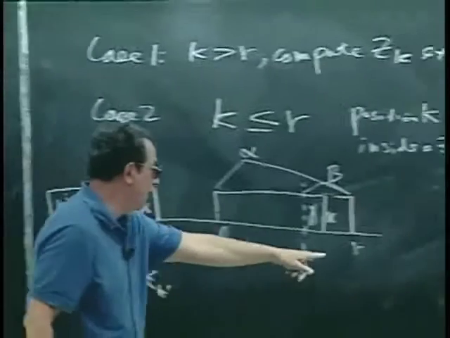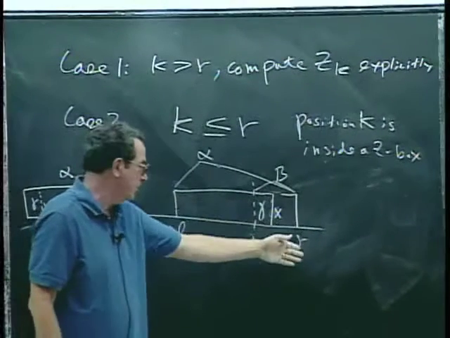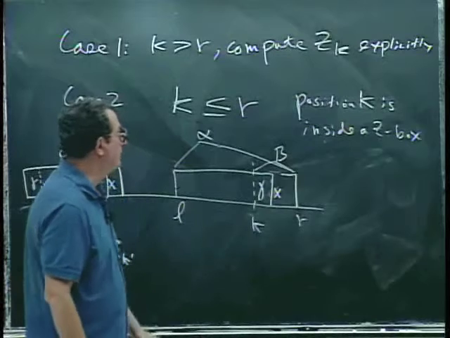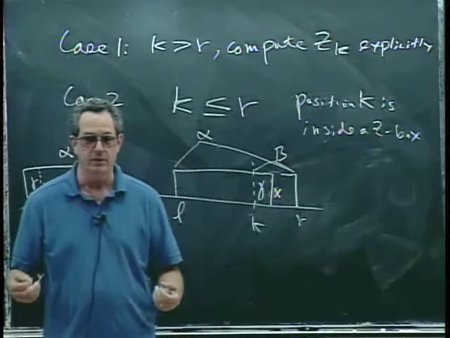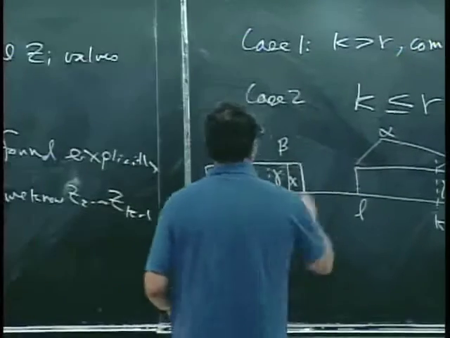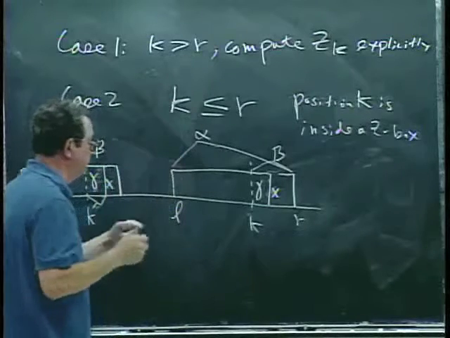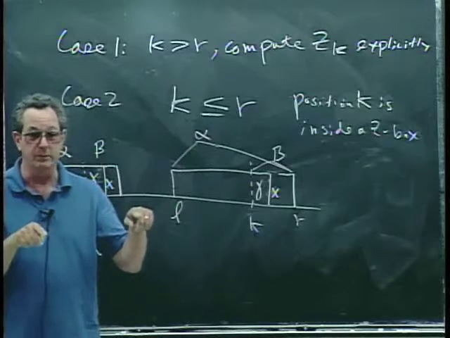We defined r as the rightmost position that's in any z box. Okay? When do we ever extend a z box? When do we create a new z box? It's in case 1. If k is bigger than r, and we're doing explicit comparisons, we might actually create a z box at that point.